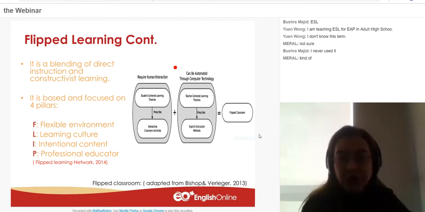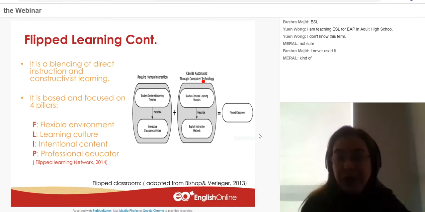This is shown here in this diagram, adapted by Bishop and Verleger, that it's divided into two parts. The human interaction part on the left-hand side is where it happens inside the classroom and it's student-centered.